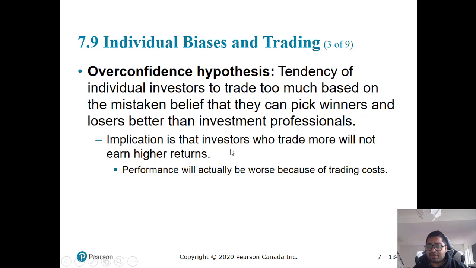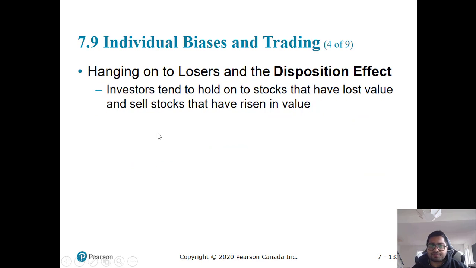The implication is that investors who trade more will not earn higher returns. Performance will actually be worse because of trading cost. Then investors also have a tendency of sticking with their losers and selling off their winners. So you should avoid that.